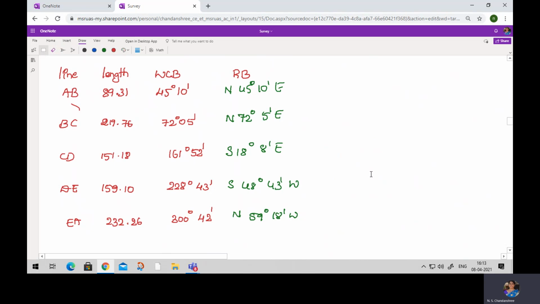Once the reduced bearing is calculated, next step is to calculate the latitude and the departure. It's like the same problem. So this also I am writing it directly. Consecutive coordinates, latitude and departure.